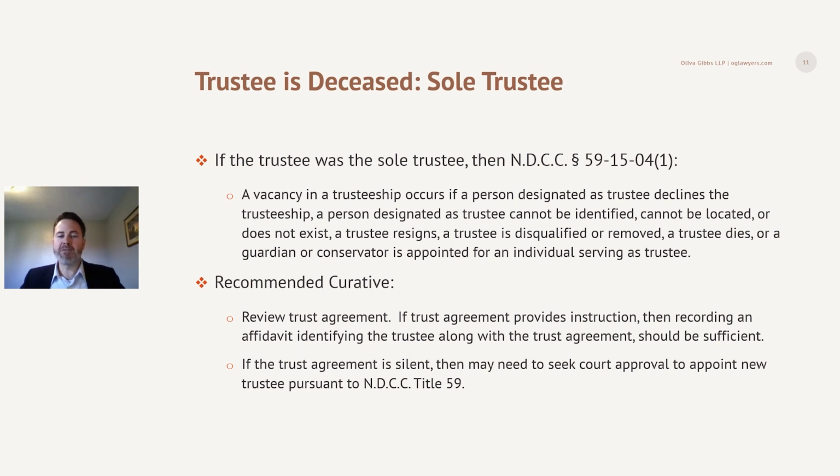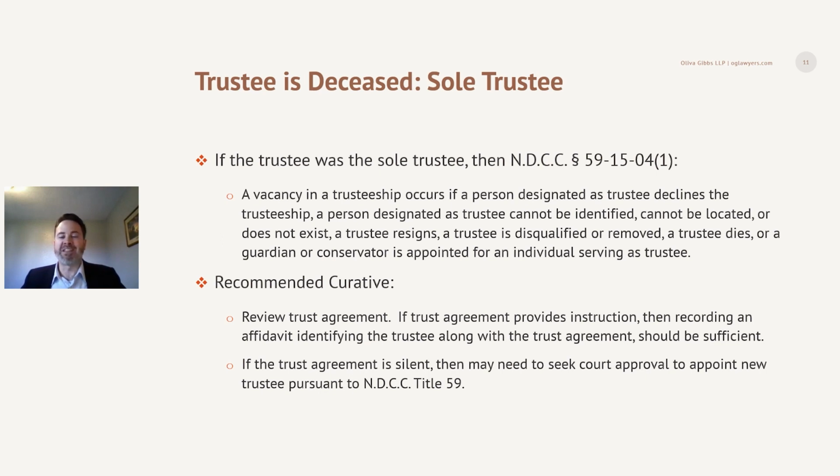So section 591504, part 3, notes that the successor trustee should be determined in the following order. First, a vacancy must be filled by a person designated in the terms of the trust or appointed under the terms of the trust to act as the successor trustee.